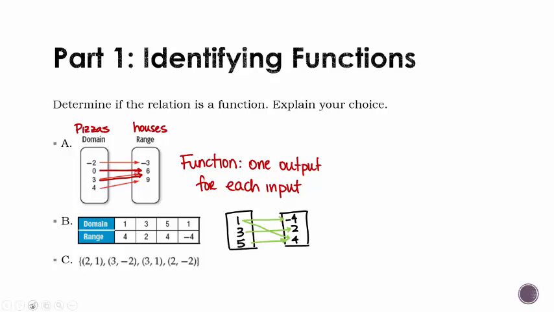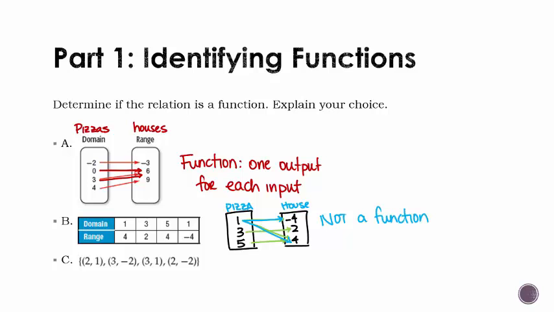This here doesn't work. Think again, pizzas and houses. This is saying that this pizza needs to go to house -4 and house +4. It doesn't work. So this is not a function.